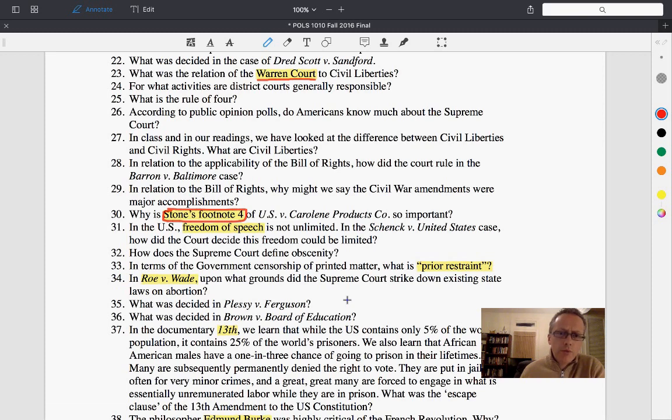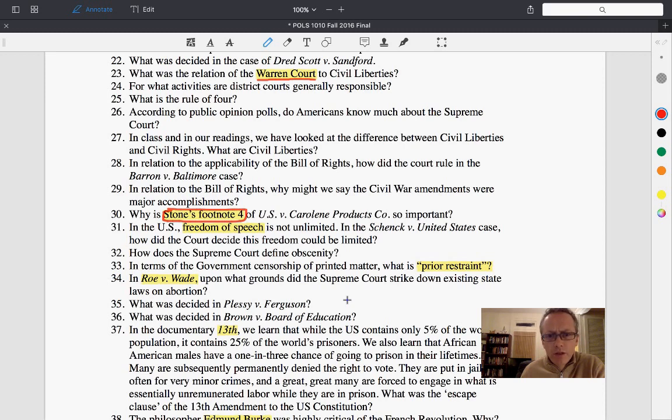U.S. Carolene Products and cases like it really marked the reversal of a long history of the court having ceded to the states the power to interpret the application of the Bill of Rights to their own taste and their own satisfaction.